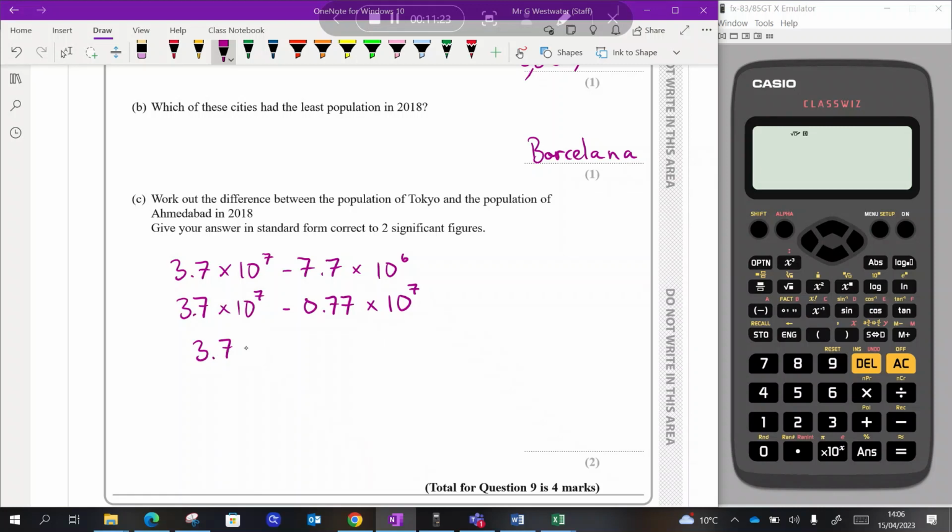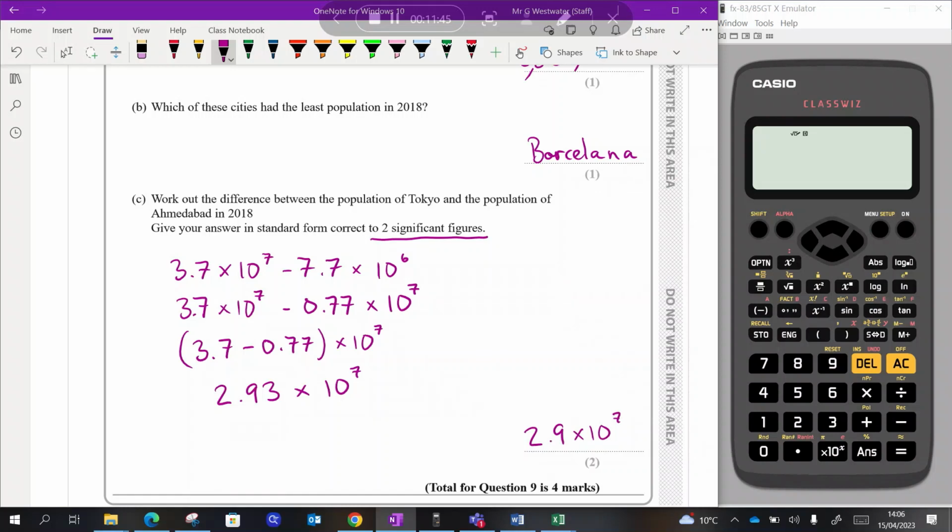So 3.7 minus 0.77 times 10 to the 7, which is 2.93 times 10 to the power of 7. We only want two significant figures though, so this is 2.9 times 10 to the power of 7.